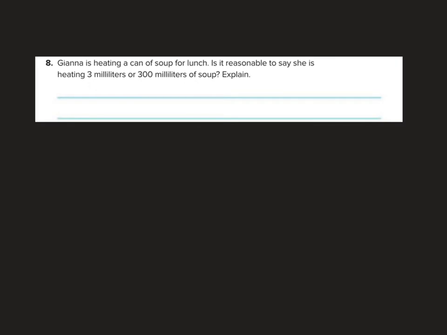Gianna is heating a can of soup for lunch. Is it reasonable to say she is heating 3 milliliters or 300 milliliters of soup? Explain. So 300, right? Like 3 milliliters would be like 1 spoonful of soup, right?